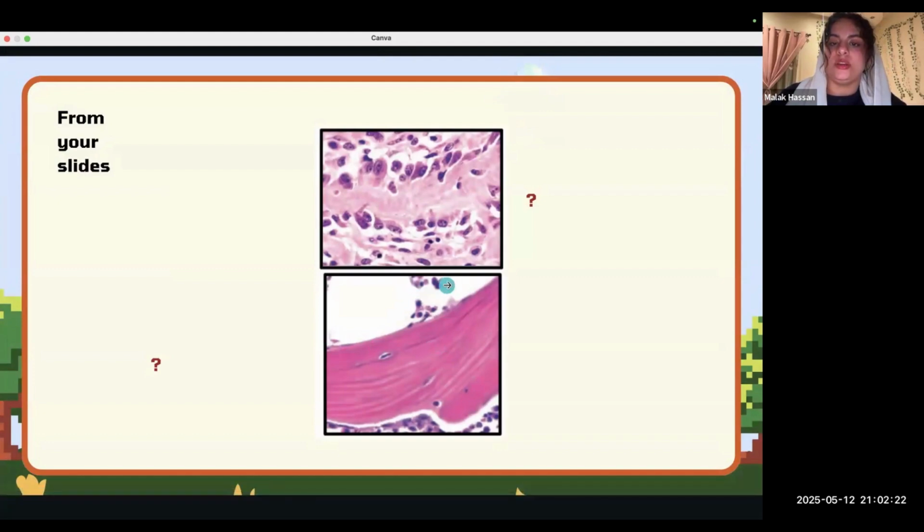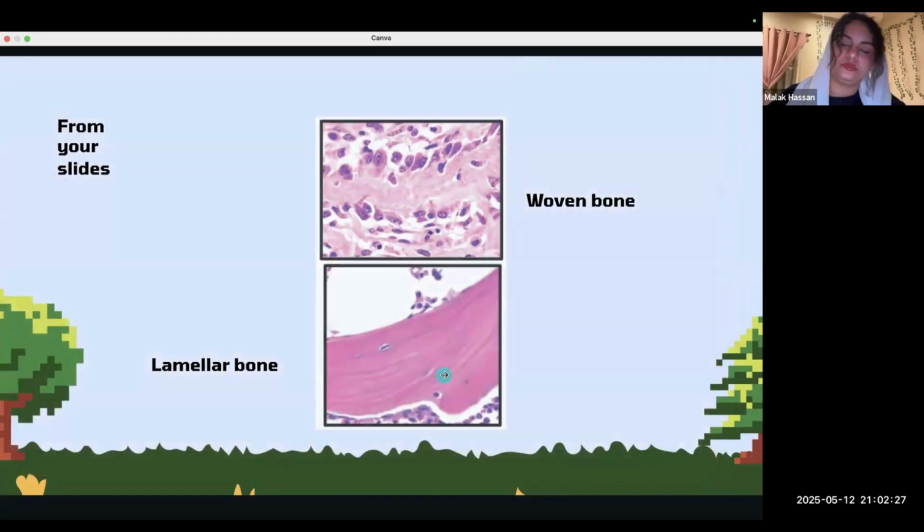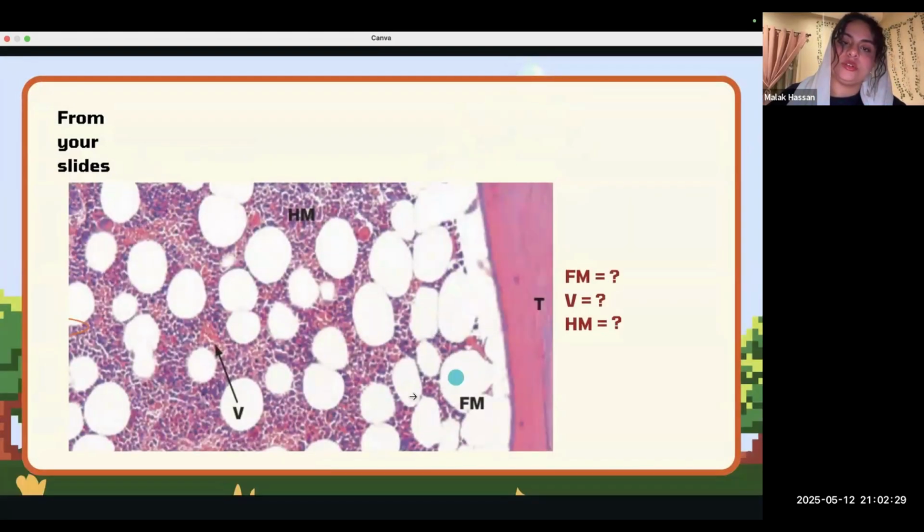What is shown here? This is woven bone. This is lamellar bone. What is shown in this picture? Bone marrow, right? And therefore you have hematopoietic marrow, you have blood vessels, and you have fatty marrow.